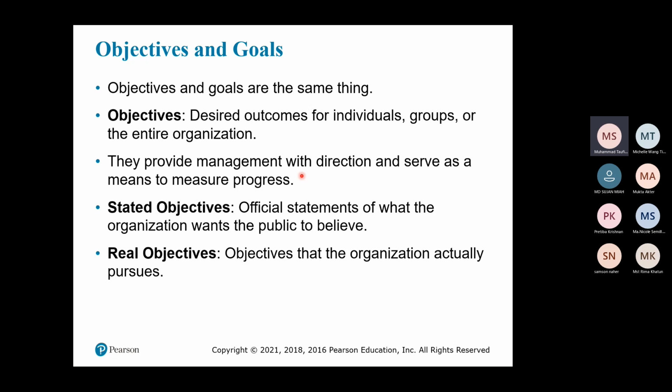Why? Because when you specify your objective, your direction will become clear. This is the reason why we need to have a specific objective, because we want to have a clear direction.